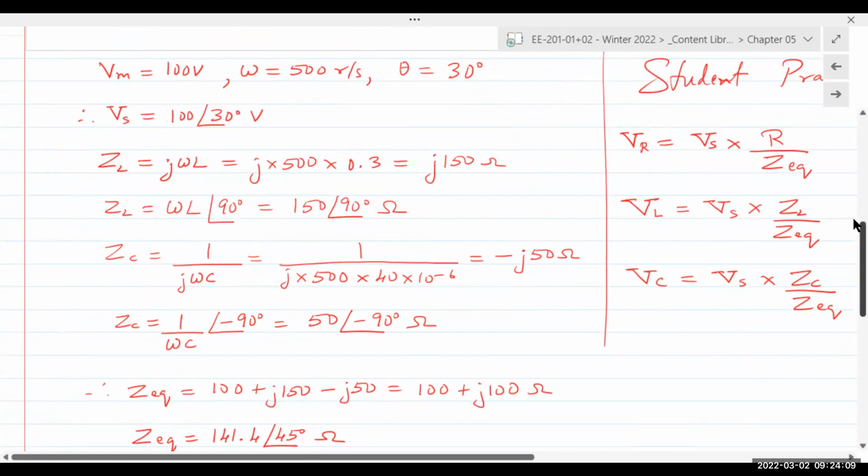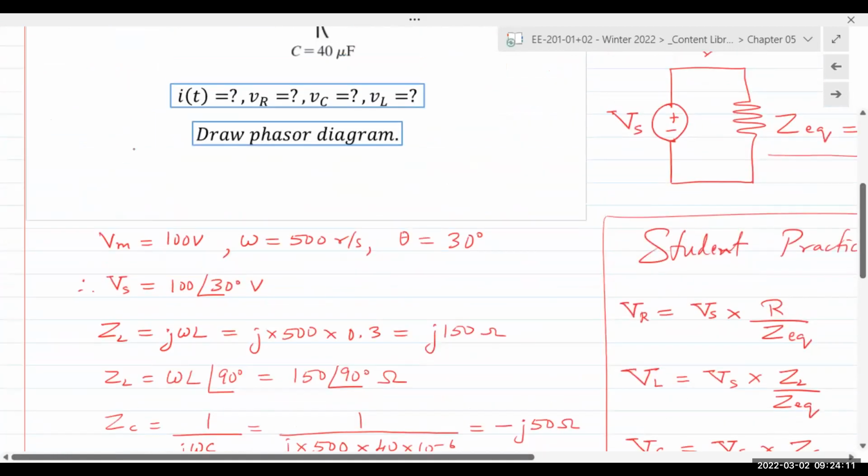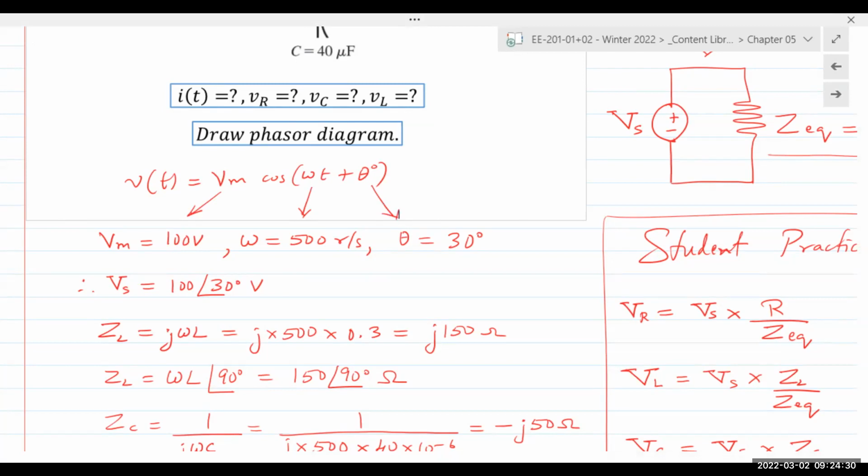Since the source is V of t, I compare that V of t with the standard expression Vm cos omega t plus or minus theta, and I get Vm is 100, omega is 500, theta is 30 degrees.